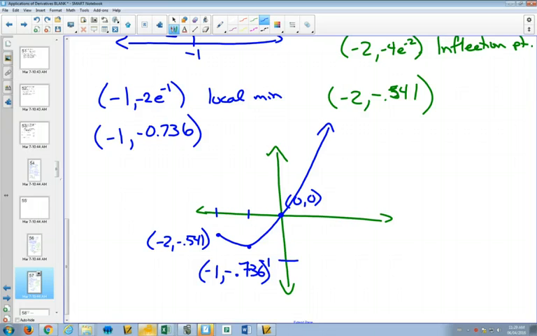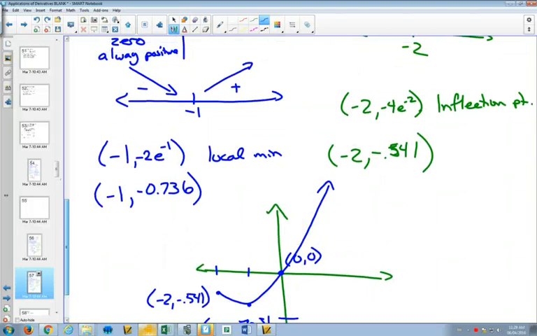But the other thing about calculus is I know that it can't be this. Because if it is that, what would I have found? I would have found another maximum. But I didn't find another maximum point. And I also know from my first derivative test that it always has to be decreasing.